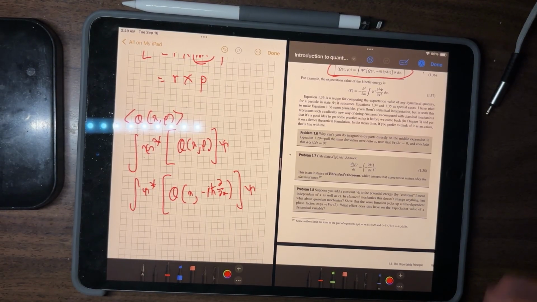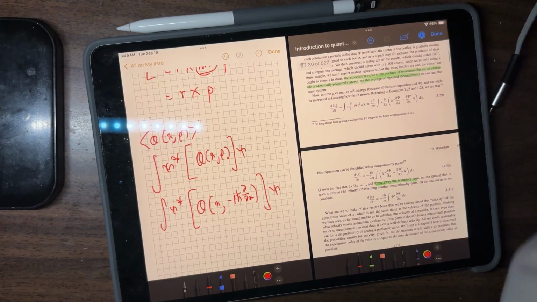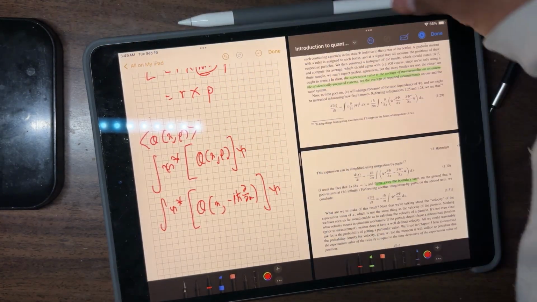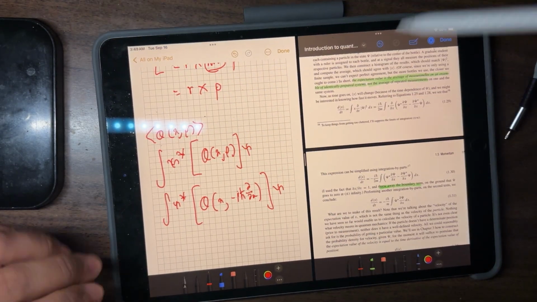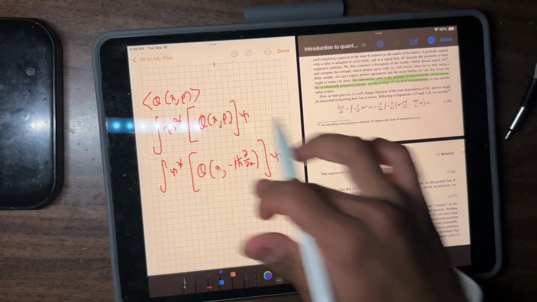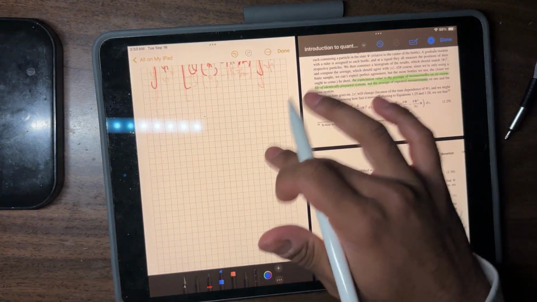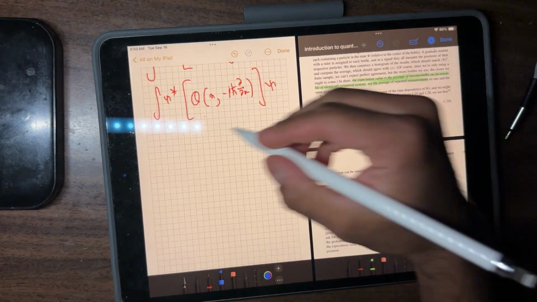So what is equation 1.29 saying? Oh, just write that down. You guys can see, right? This is problem one. Oh crap. So this is problem 1.6.